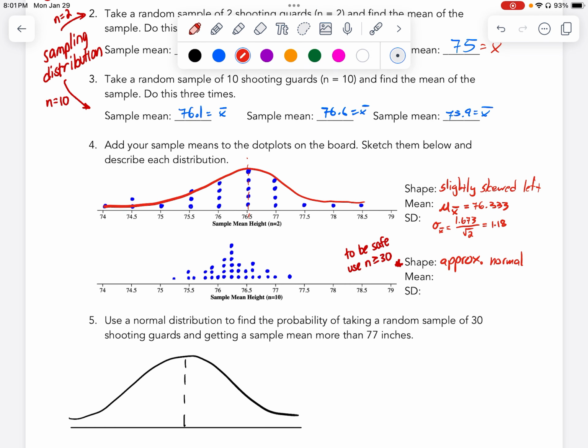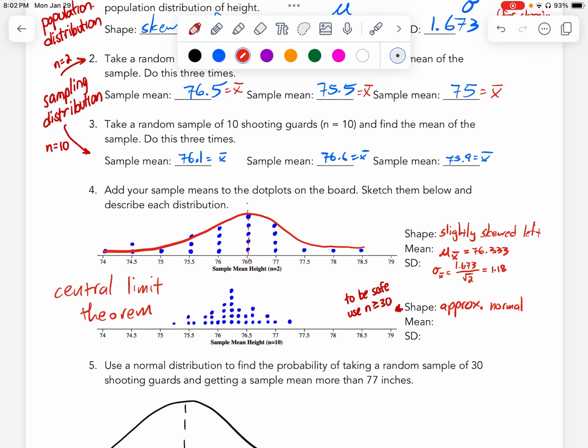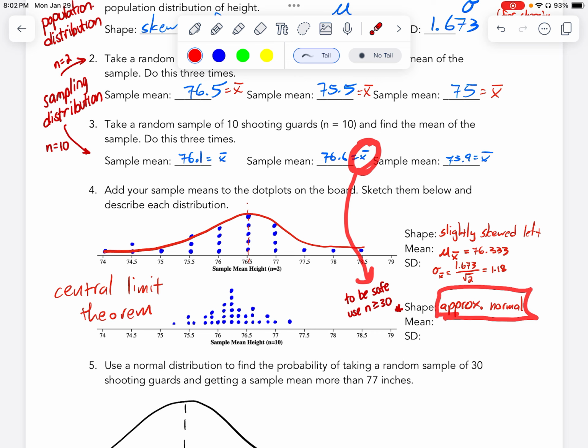So this has a title. This is called the central limit theorem. So when we're doing sample averages, sample means is the way we say it in the stats world, to get to being approximately normal, we need the n to increase.